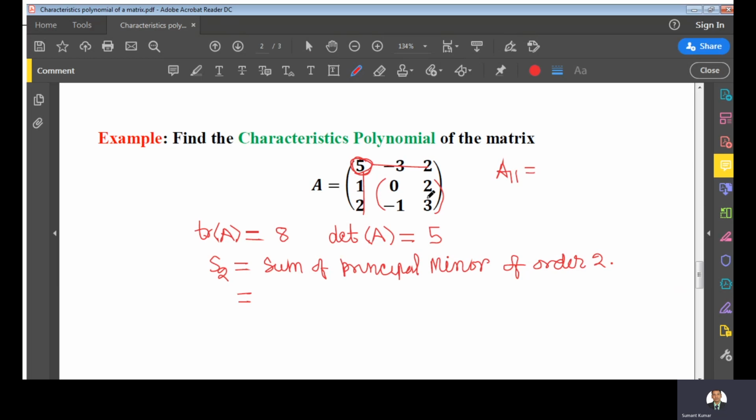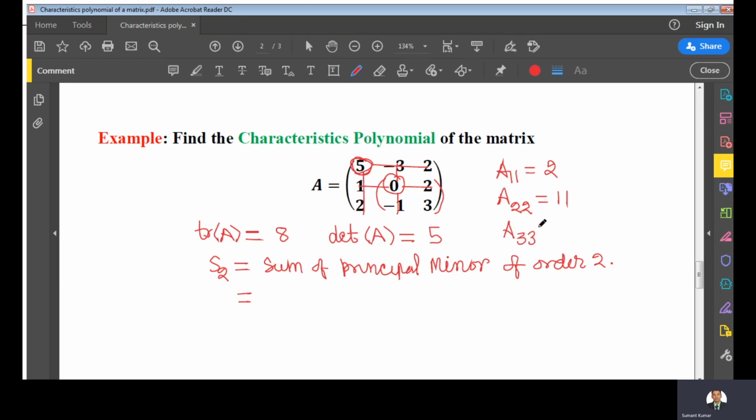So this is 0 into minus 2, that is 2. In the same way, you will find A22, the principal minor corresponding to this element 0. You will delete the corresponding row and column. In this case, you have a submatrix whose determinant is 15 minus 4, that is 11, right?